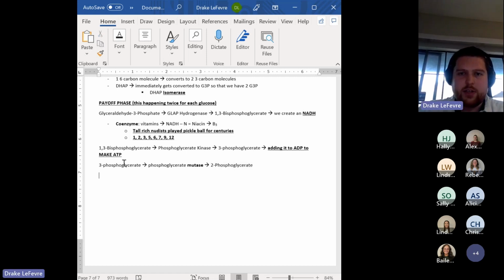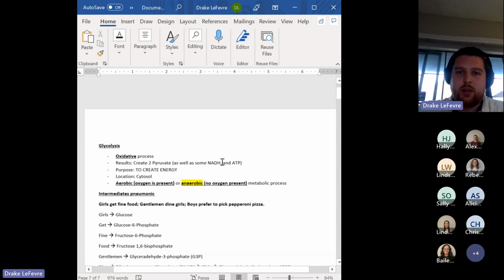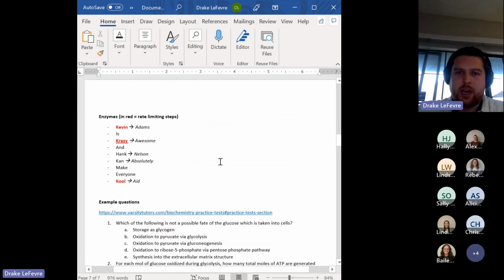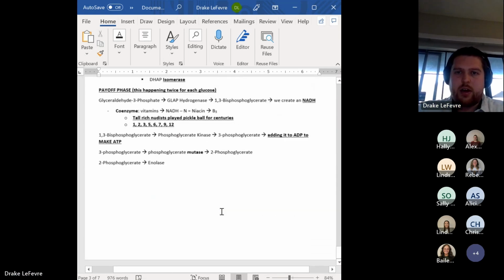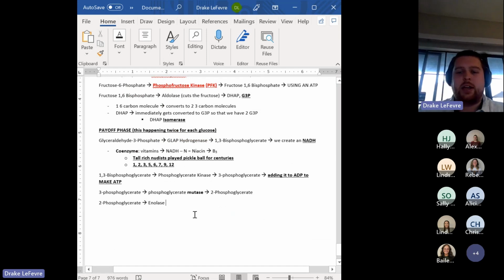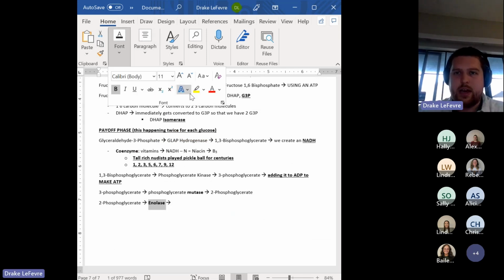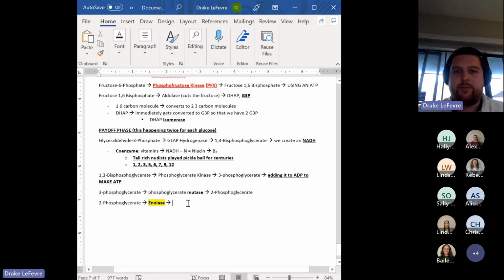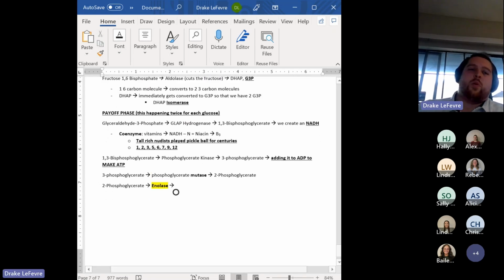Now our 2-phosphoglycerate, there's an enzyme called an enolase. Enolase is another one that you're going to really want to remember that he'll throw in there a couple of times. It's not a rate limiting step, but it is one that he likes to ask about, just because it's the one step before the end.